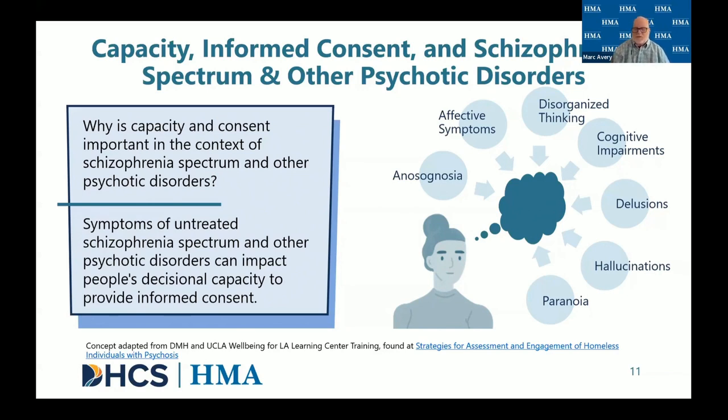Persons with schizophrenia spectrum disorders can also have disorganized thinking and even cognitive impairments, which of course could interfere with their ability around capacity and informed consent, as well as could the more dramatic symptoms of schizophrenia, such as delusions, hallucinations, and paranoia. Familiarity with these symptoms, understanding what they all are, can be especially helpful when assessing an individual's decisional capacity, and should certainly inform the clinician's approach with the individual during that assessment.